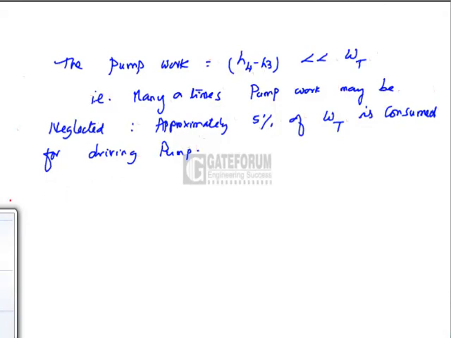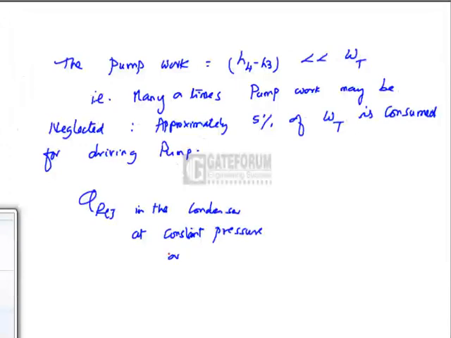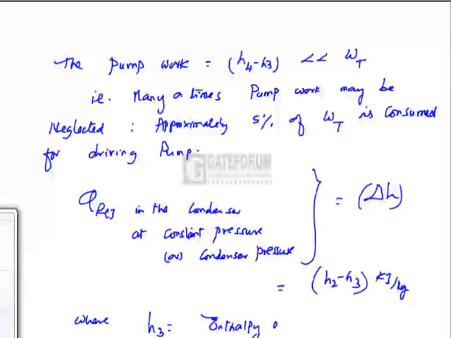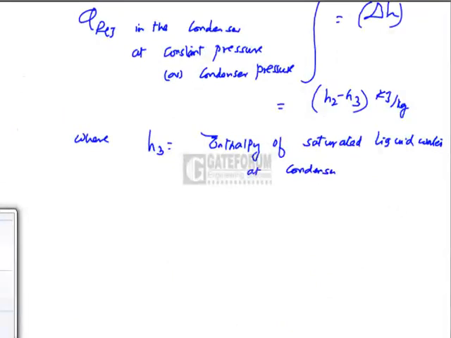And heat rejected in the condenser at constant pressure, or condenser pressure, is equal to the change in enthalpy in the condenser, that is H2 minus H3 kilojoule per kg of steam, where H3 is equal to the enthalpy of saturated liquid water at condenser pressure.